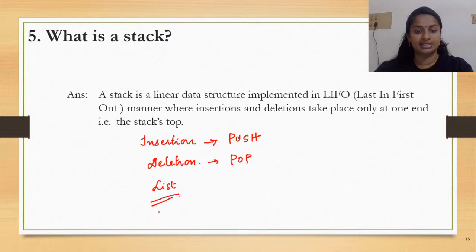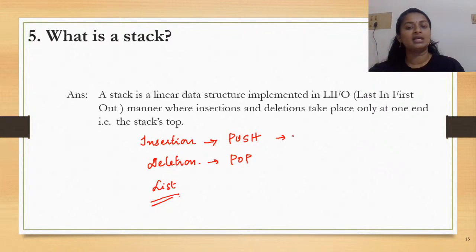Using a linear list. In that case, for pushing or inserting, that means adding an element to the stack, you should definitely have a recollection of the methods of list, or the functions that are used in list. So for pushing, we use the method append.